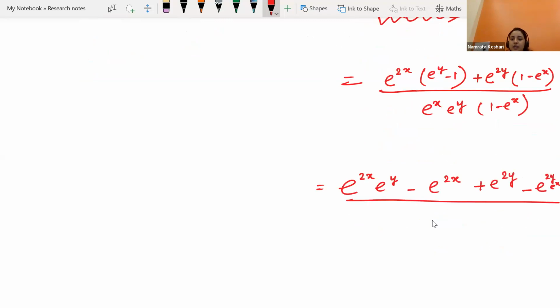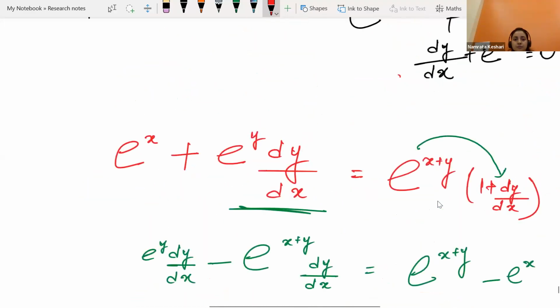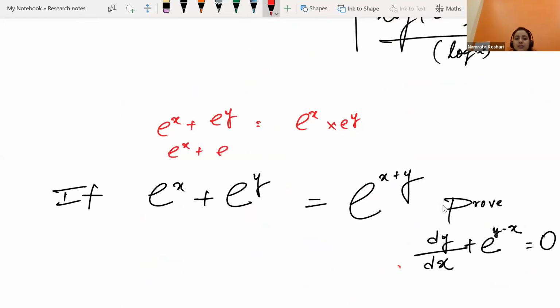Okay, we are missing something, or let me check the question. This is what we are having. If here only we will expand it, we'll be getting e to the power x as it is, e to the power y as it is, and here we'll be having first function derivative of second function plus second function.